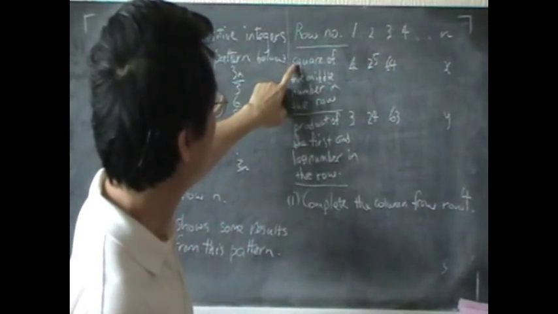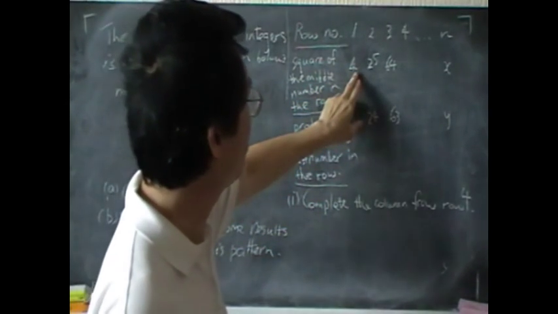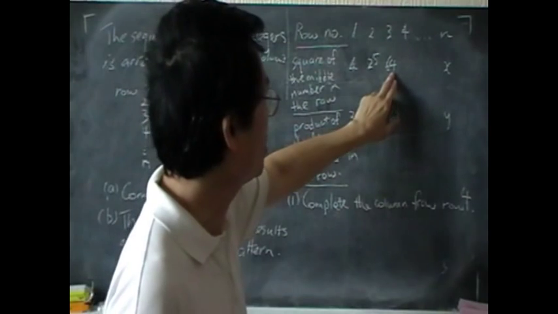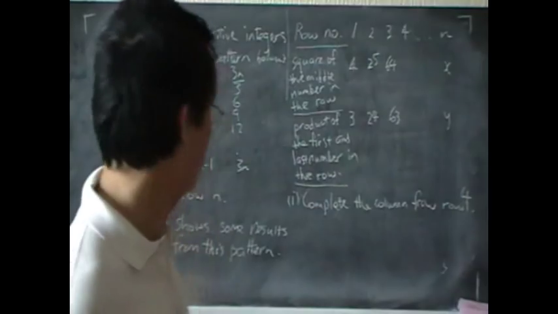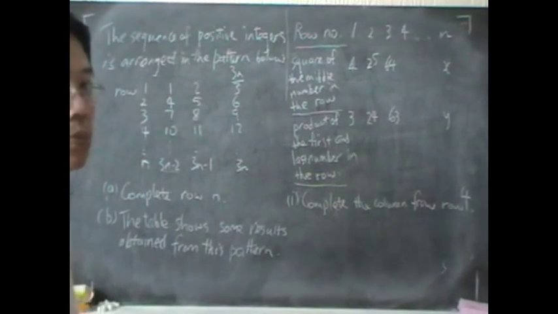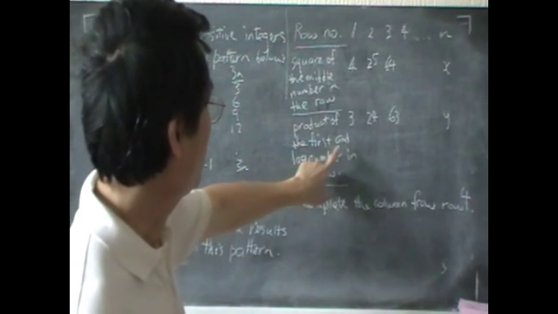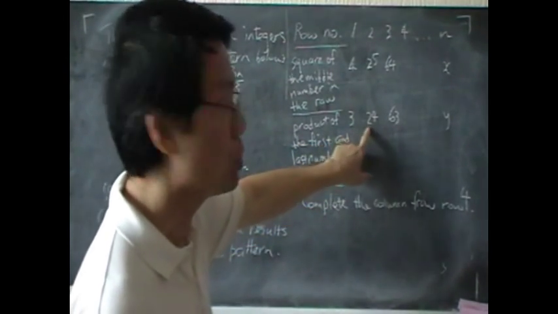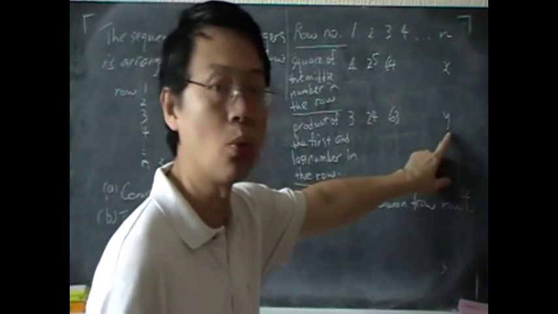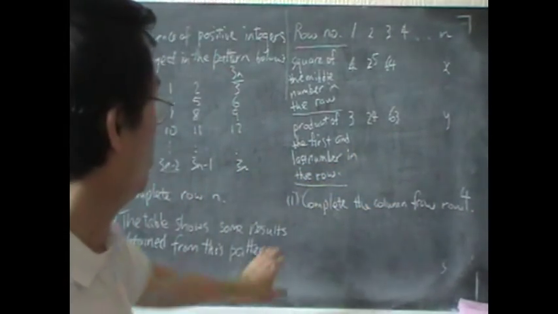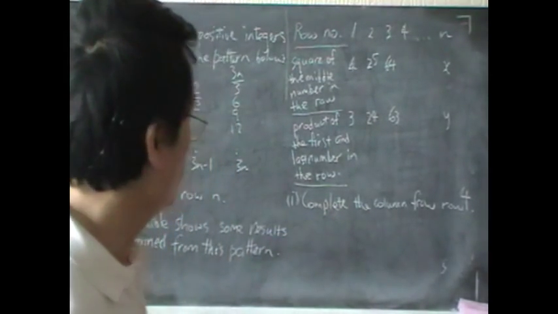We have square of the middle number in the row, and we have the numbers 4, 25, 64, blank, x. Product of the first and the last number in the row, 3, 24, 63, and y. Part 1. Complete the column from row 4.